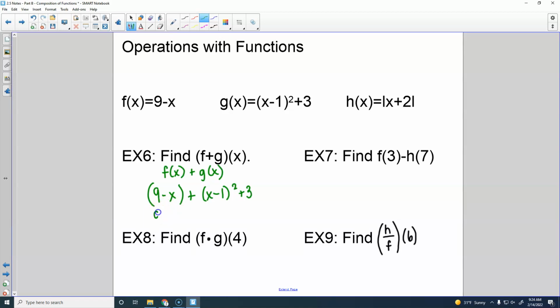So we would have 9 minus x, and we're going to have to square this out here. Bronwyn, what would we get when we square that, the x minus 1 squared? Good.